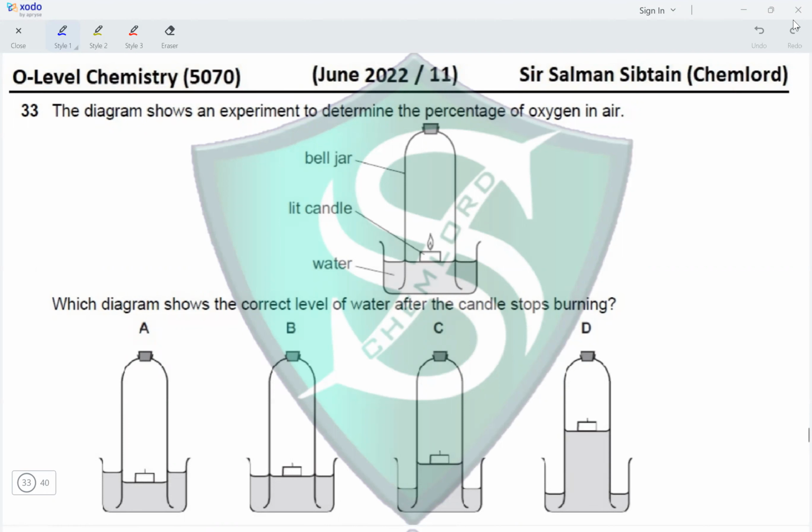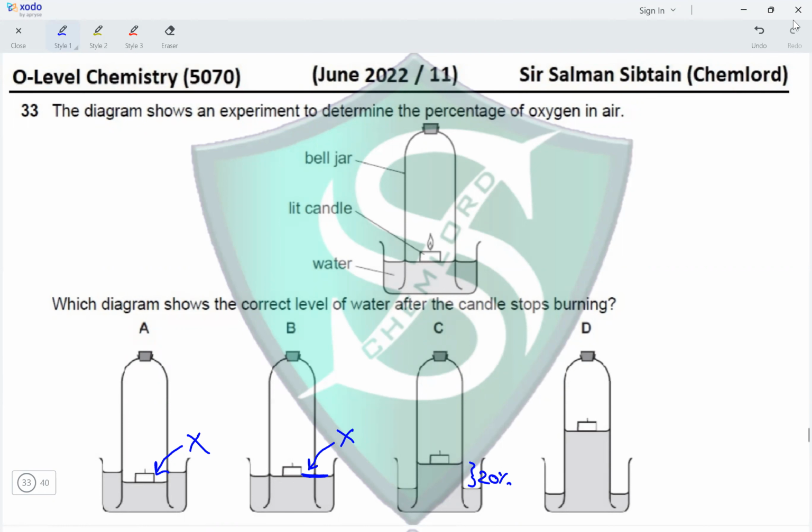In A, the water level has dropped below the water level of the beaker. So this does not happen ever. Next, in B, the water level remains the same. That means oxygen was not present. So this is also wrong. In C, the water has risen up, but this is almost 20% of the total volume of the bell jar.